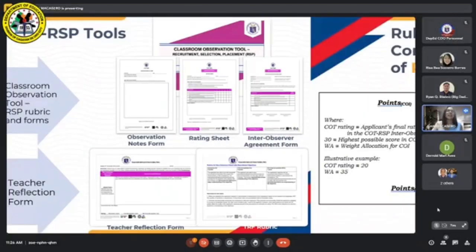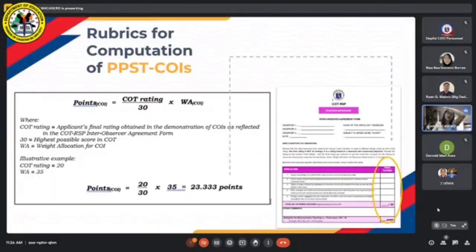Now, this will be the rubrics for computation of PPST classroom observable indicators. You have there the COT rating, the applicants' final rating obtained in the demonstration of COIs as reflected in the COT-RSP, which is the inter-observer agreement form.